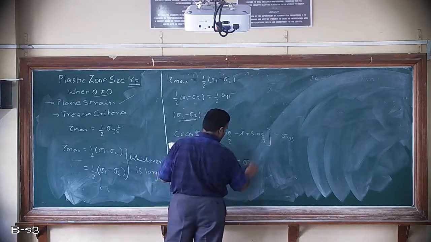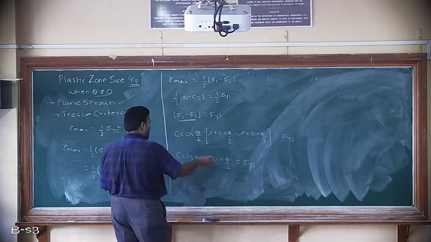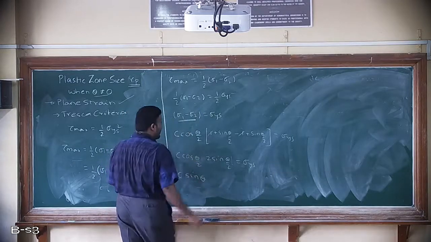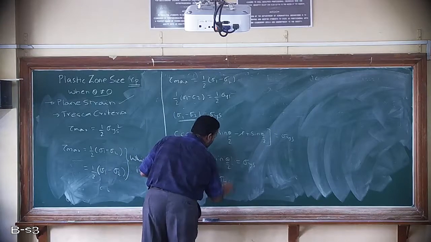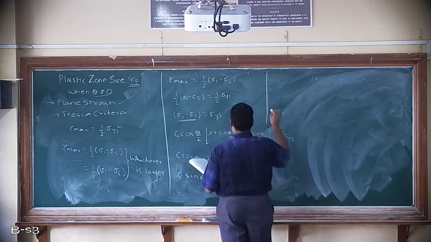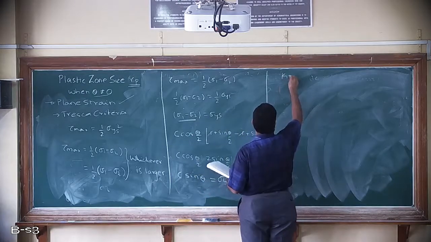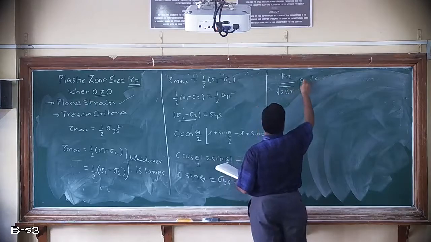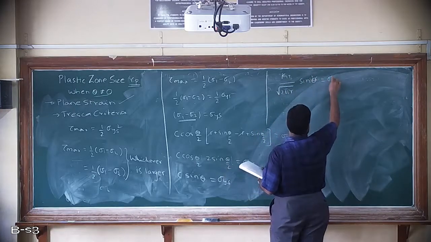is equal to sigma ys. Now cos theta by 2 into 2 sin theta by 2, we can write it as c sin theta. So this will be equal to sigma ys. Now substitute for the value of c, that is Ki upon root of 2 pi r into sin theta will be equal to sigma ys.